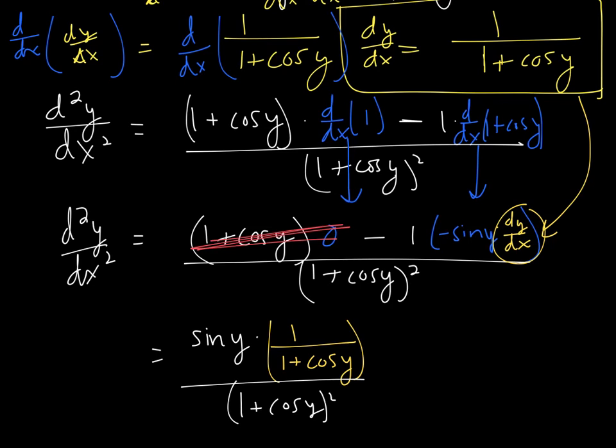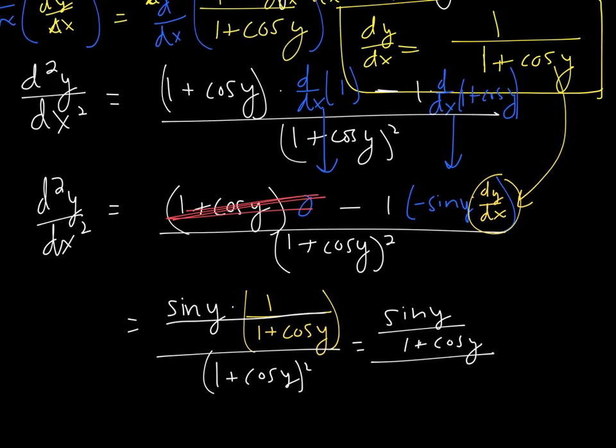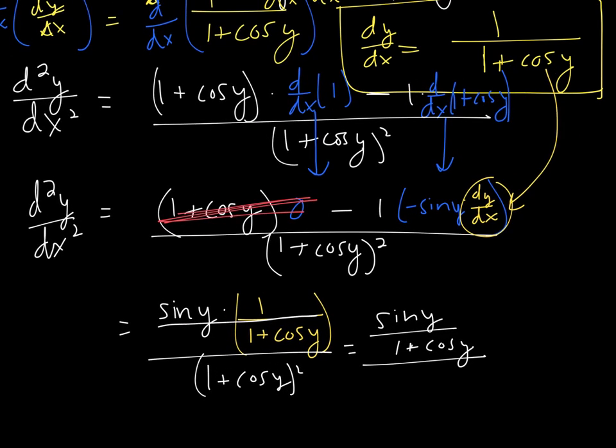And this time I don't have two terms in the numerator, so a little bit simpler in terms of the algebra here, because I've really just got a numerator and denominator. Better to look at that as sine y over 1 plus cosine y, and then that's all over my 1 plus cosine y quantity squared.